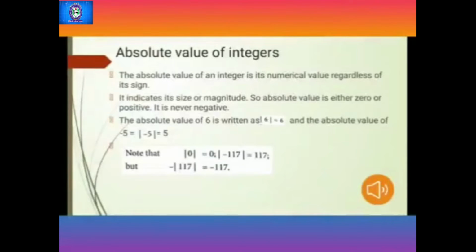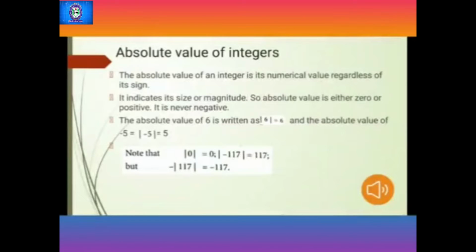Dear students, now let's discuss absolute value of integers. The absolute value of an integer is its numerical value regardless of its sign. Or you can say the absolute value of an integer is the value of the integer without considering its sign. It indicates its size or magnitude.